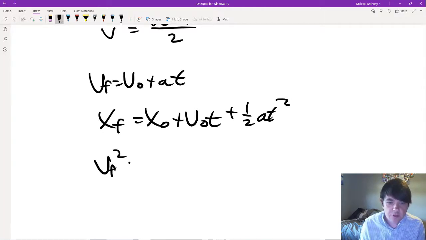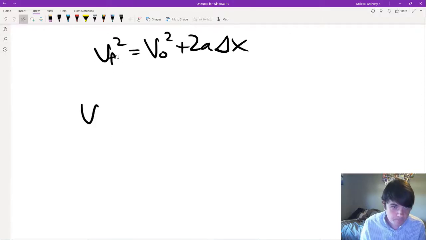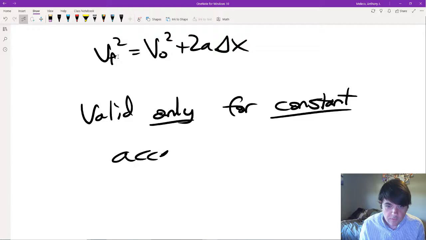One last thing I should mention, it's that these equations are only valid for constant acceleration.